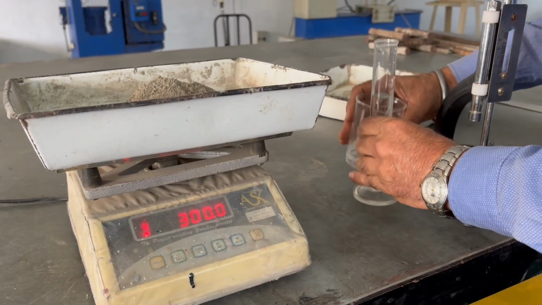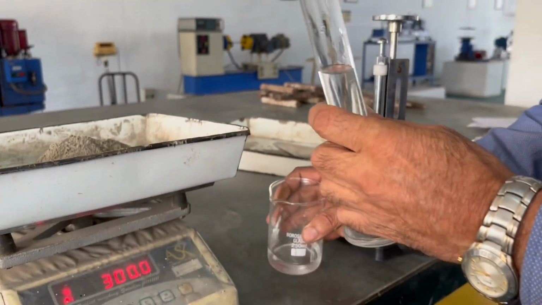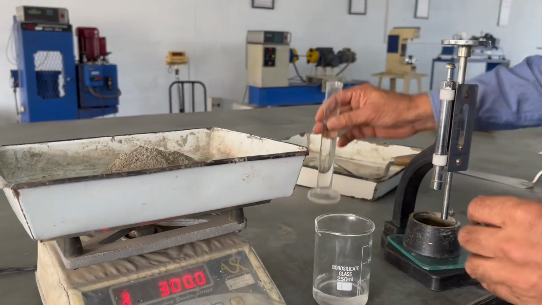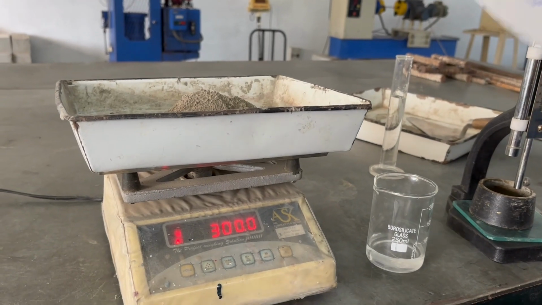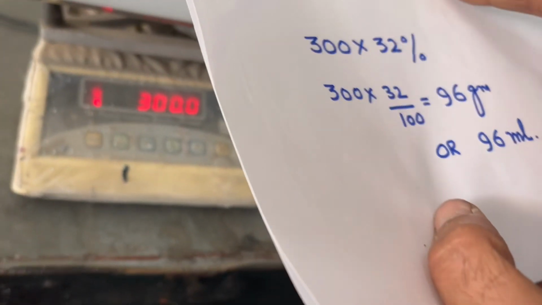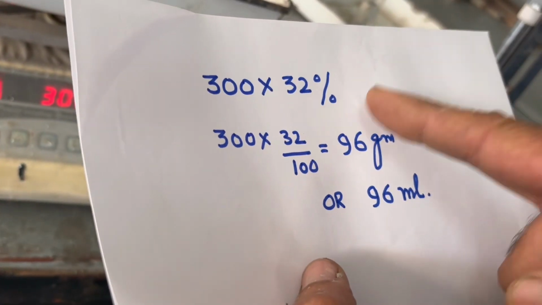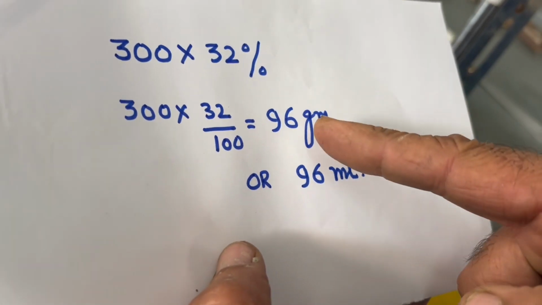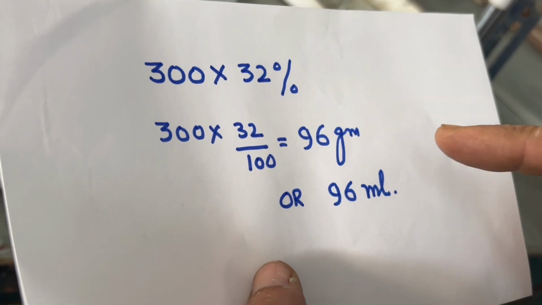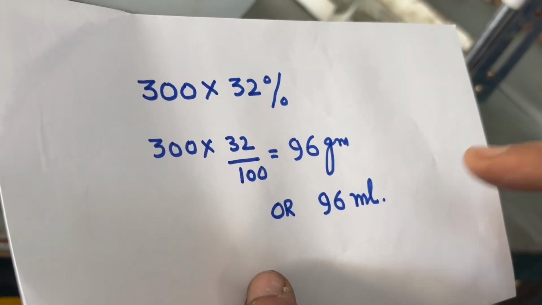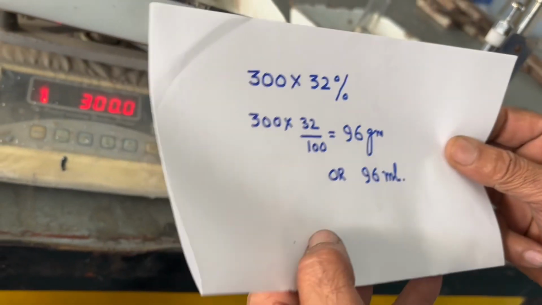So here I have taken 50 ml, then 46 ml. For 300 grams of cement, 32% by weight of cement comes to be 96 grams or 96 ml. So I will add 96 ml of water to 300 grams of cement.